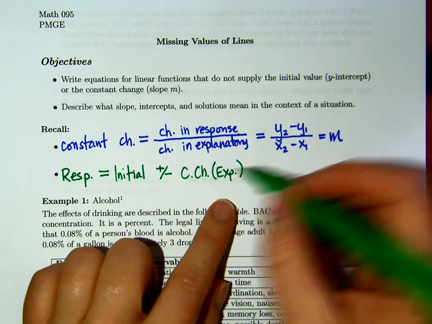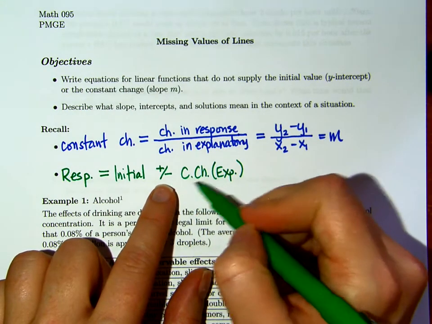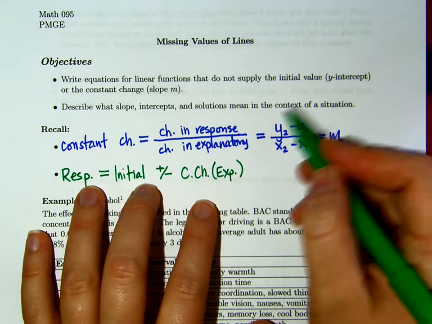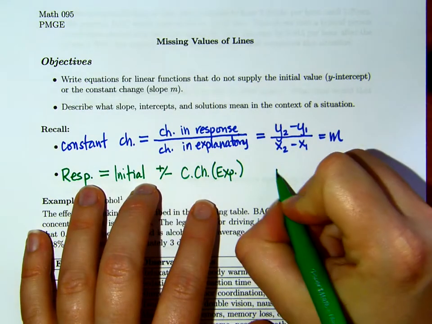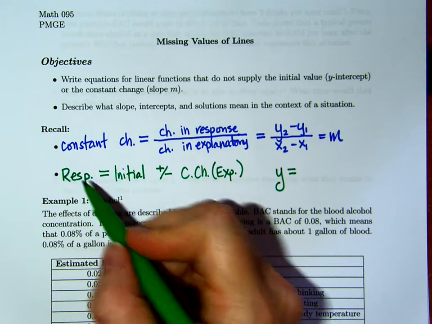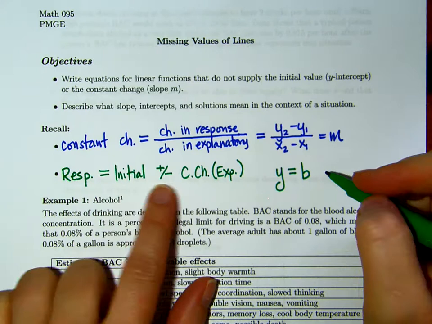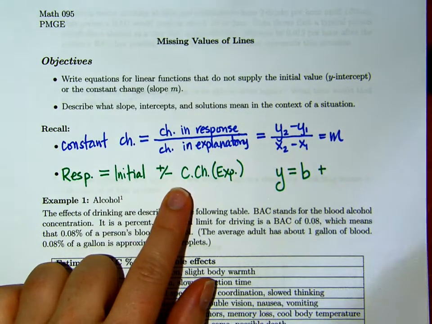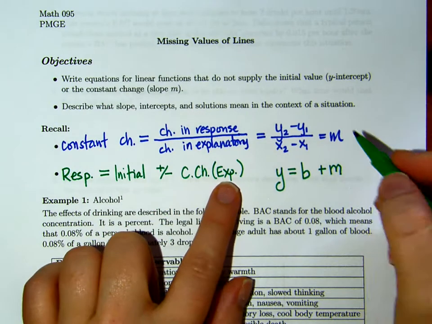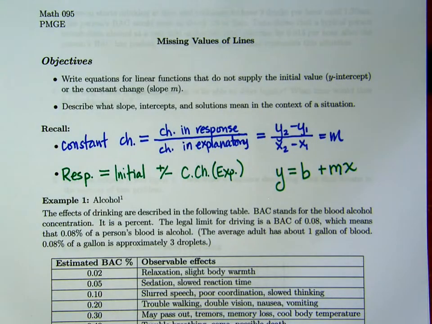And so it either added that constant change however many times, or it subtracted that constant change however many times. If we want to rewrite this in textbook form, the response variable, or the dependent variable, is y. The initial is b, the y-intercept, plus the constant change is the slope, and the explanatory variable, or the independent variable, is usually called x.